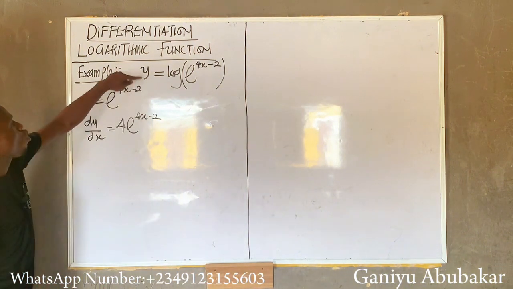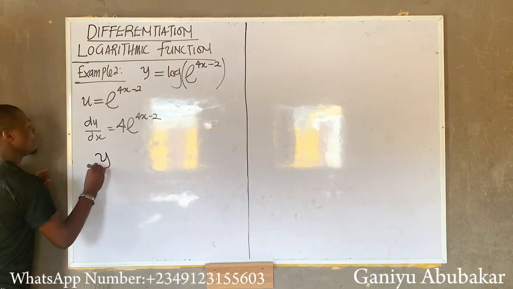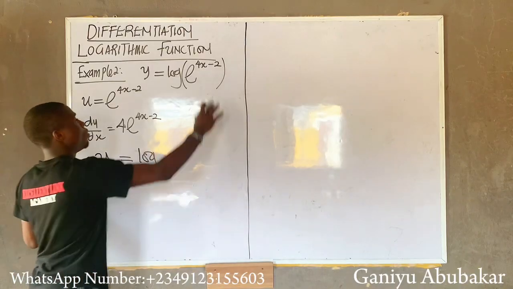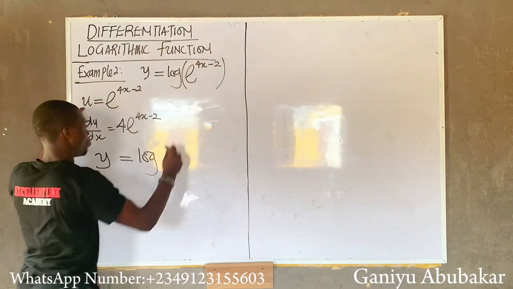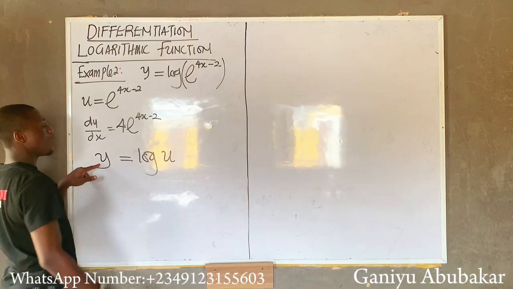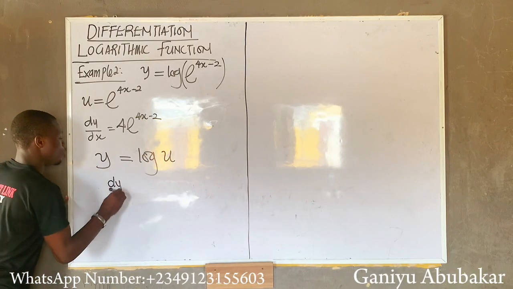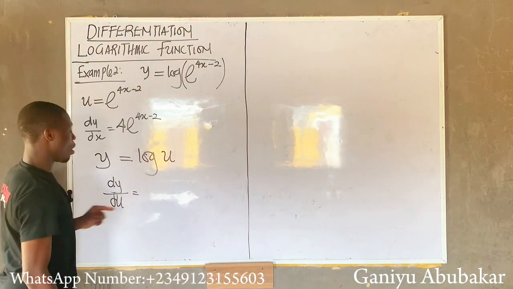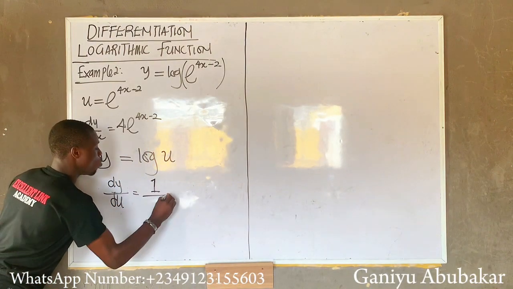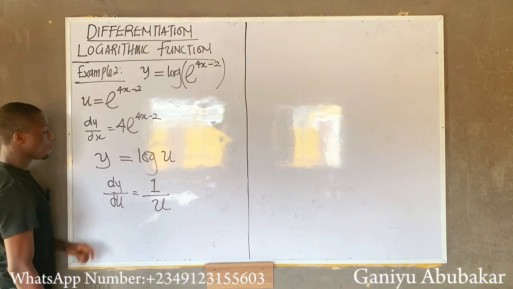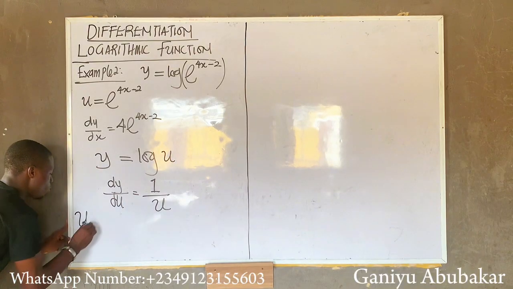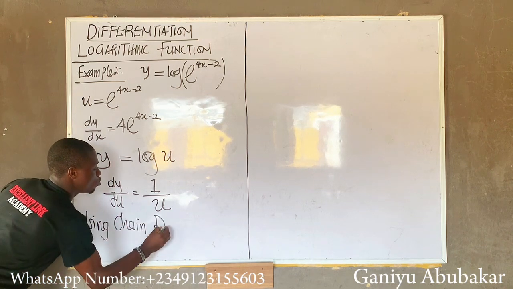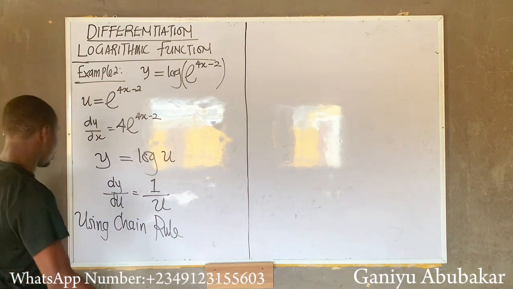From here, go back to your question. We said y was equal to log, we call the term in brackets u, so put u here. Differentiate y with respect to u, I'll have dy over du is equal to 1 over u. From here, using chain rule, what do we know from chain rule?